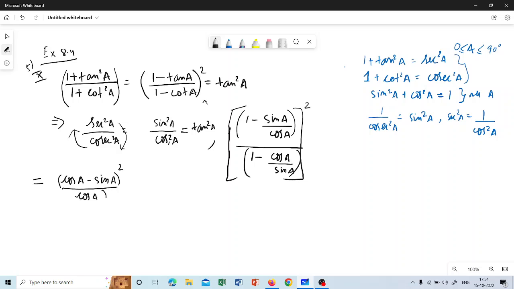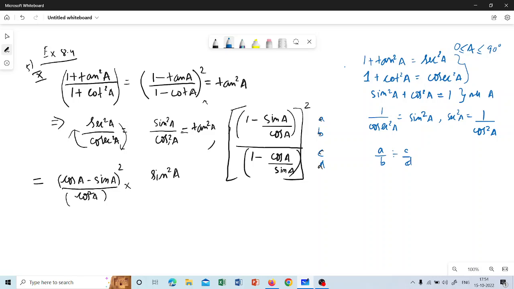Square by cos square A, into the denominator part, again of the form A by B divided by C by D. As I have mentioned many times already, this is of the form (A by B) divided by (C by D).